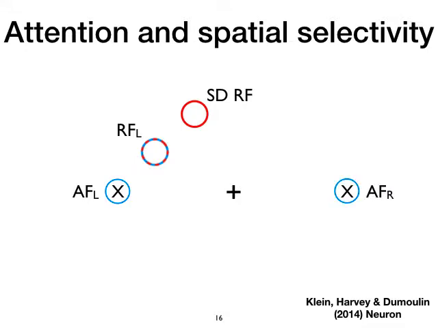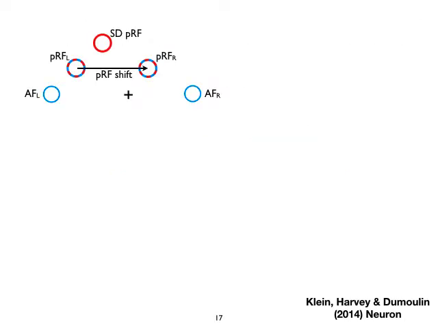Alternatively, if you attend on the right, this receptive field, which has the same starting state, will move towards the location on the right. We can then compare these positions under these two attention conditions to see how attention affects the visual cortex's spatial representation, so how it affects the receptive field positions.